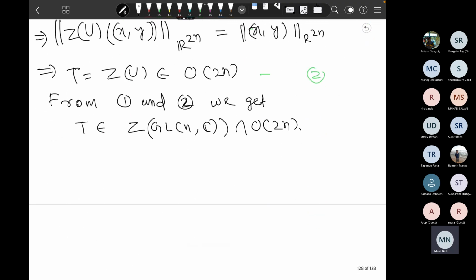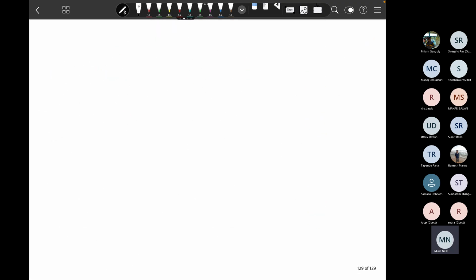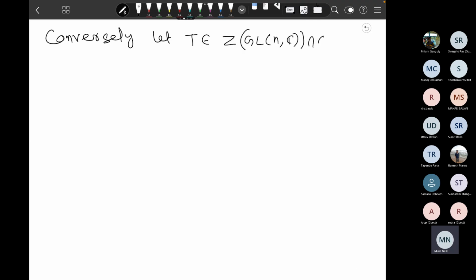Conversely, let T belong to Z of GL(n, C) intersection O(2n). Now, from T belongs to Z of GL(n, C), I will use the first thing first: T is equal to Z(U) for some U belonging to GL(n, C).